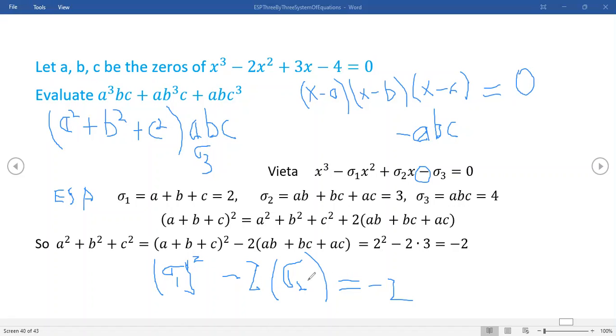Now, right here, though, we already know that ABC is equal to 4 from Vieta's result. And so this piece right here is equal to 4. And we've just shown that A squared plus B squared plus C squared is negative 2.